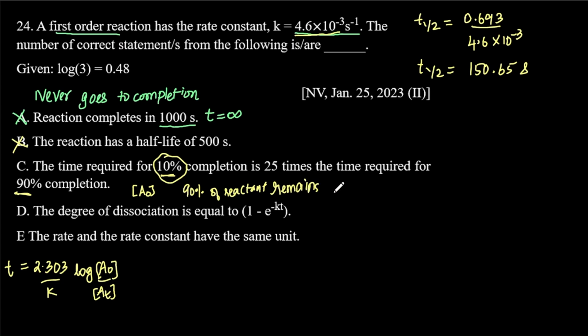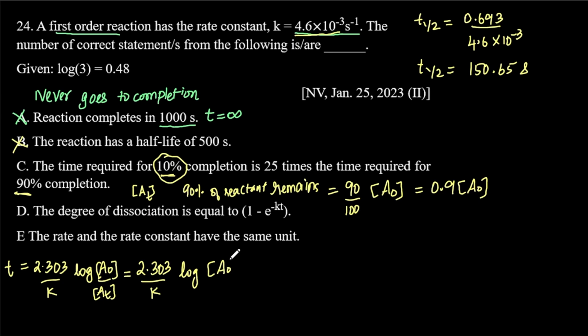So we can write the concentration of the reactant at time t as 90% of the reactant, which is equal to 90 by 100 into the initial concentration. So you will get 0.9 A naught. So we can substitute this value: 2.303 divided by K log of A naught divided by 0.9 A naught.